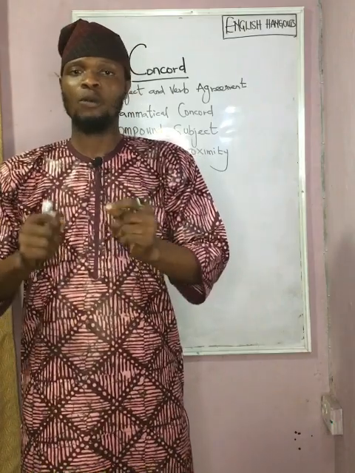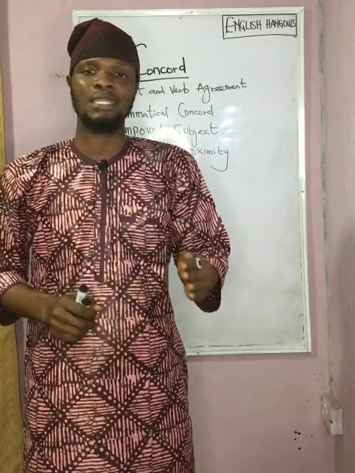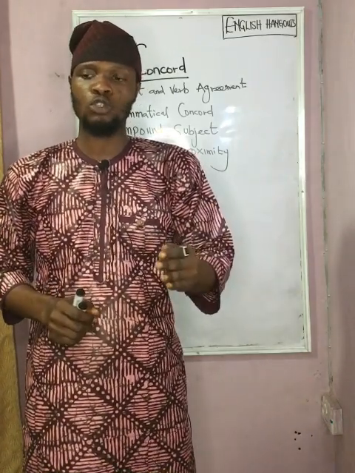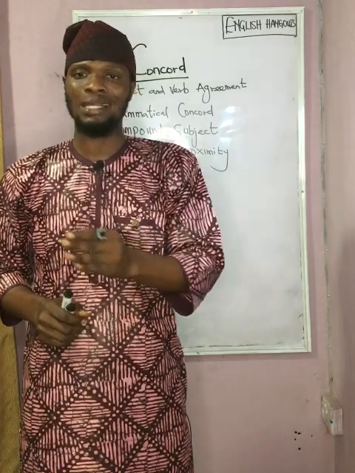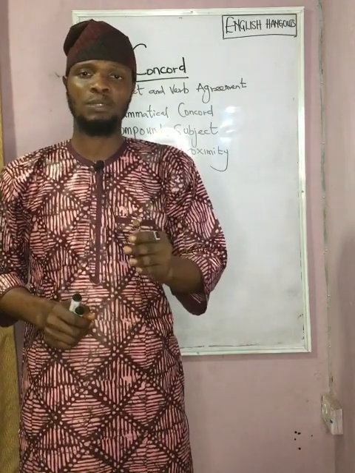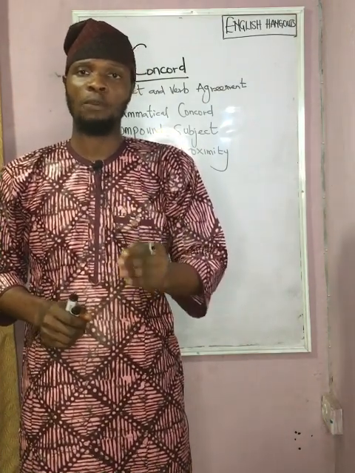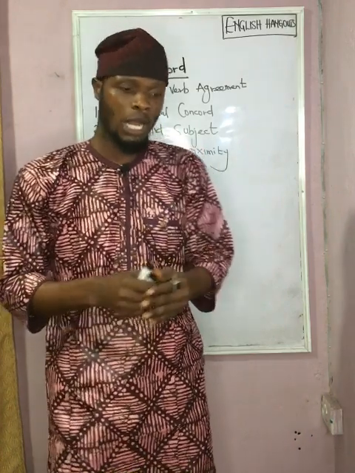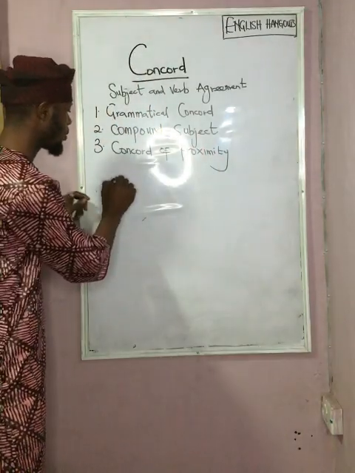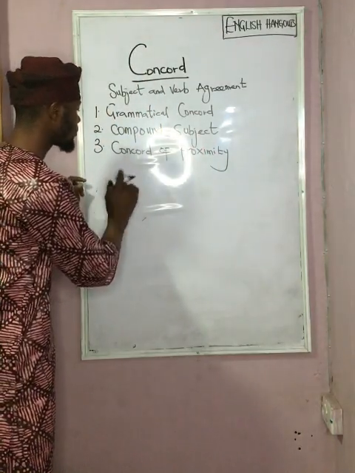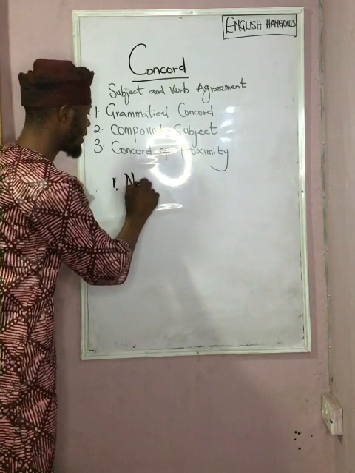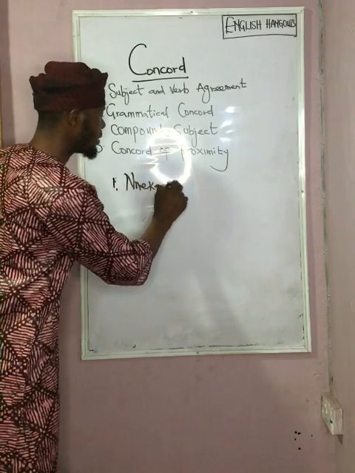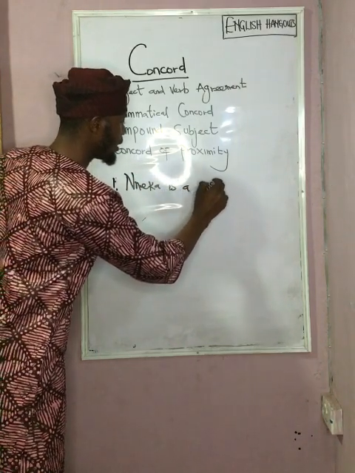This means that when the subject of a sentence is singular, the verb also should be in its singular state. When the subject is plural, the verb also should be plural. For example, sentence 1: Nneka is a student.